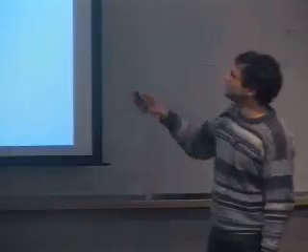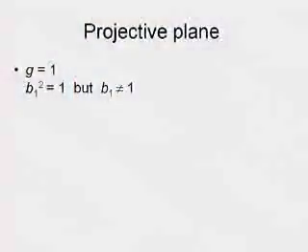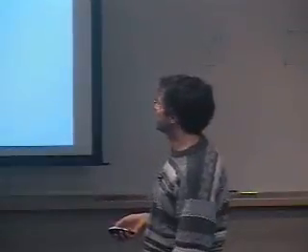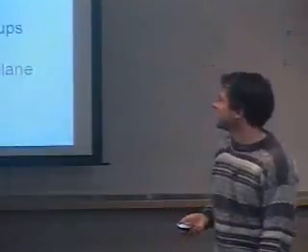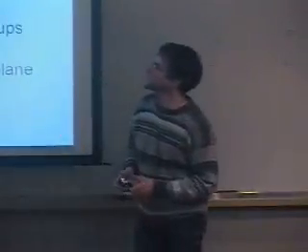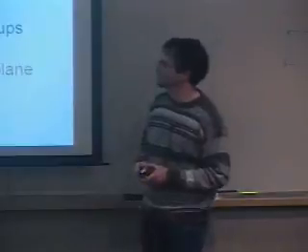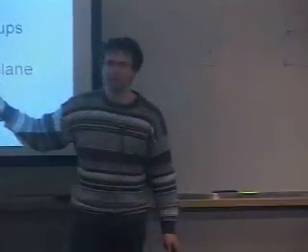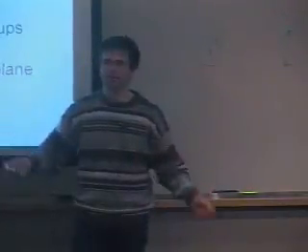So can this happen? In the projective plane, it would mean that something is not 1, but the square of that is 1. Well, that happens a lot of times in groups, but it doesn't happen in semi-free groups. So a result of Bodish in 1977 is that there are no torsion elements, no elements that are not 1, but some power of it would be 1.